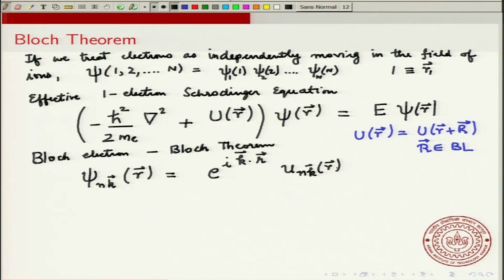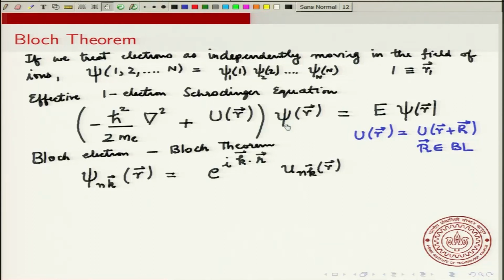I will tell you what I mean by this n and k. Whenever you have a Schrodinger equation and you solve it, you will get not just one solution, but several solutions. This n index is used to say which solution you are looking at.